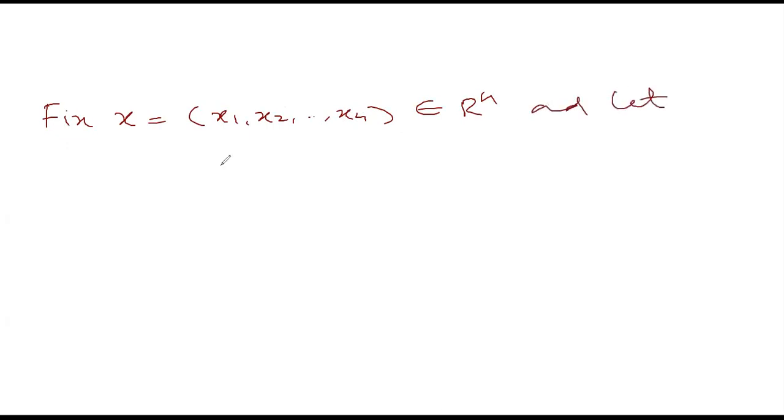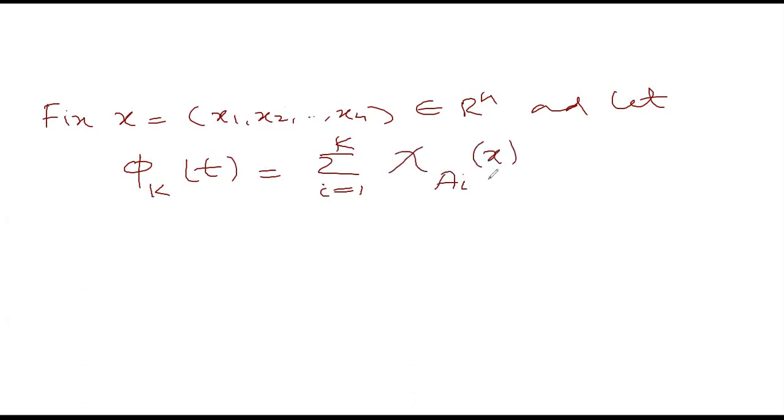So fix x equal to this point, it's the n-tuple, and let's define this function of t, which is equal to summation i runs from 1 to k of the characteristic function of Ai at x, where this x is fixed. You can treat this as constant here. And then we have the characteristic function of (ai, bi) in t.